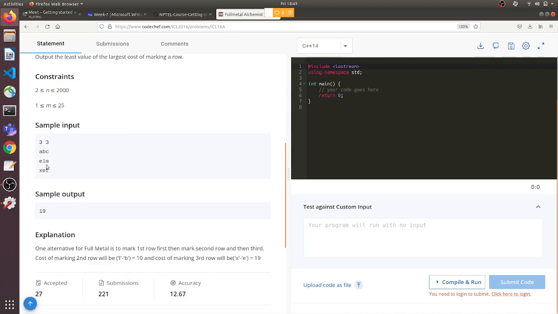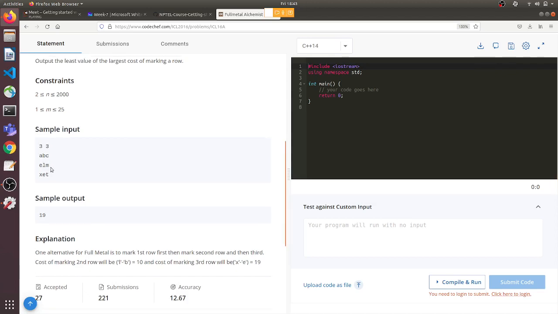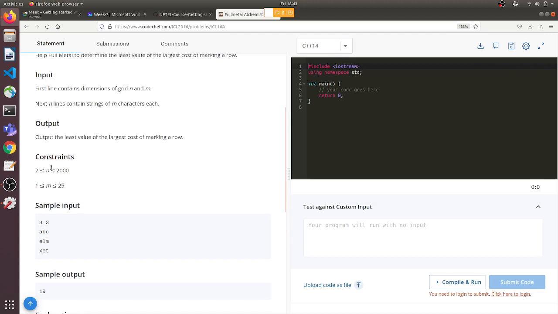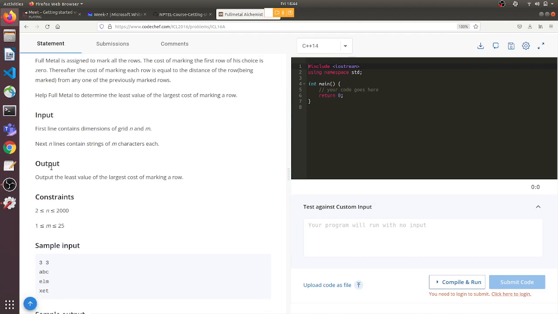So when we are taking the cost of marking that row, it is the minimum that we can achieve. Isn't it?